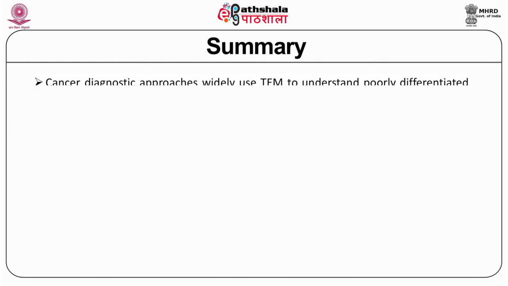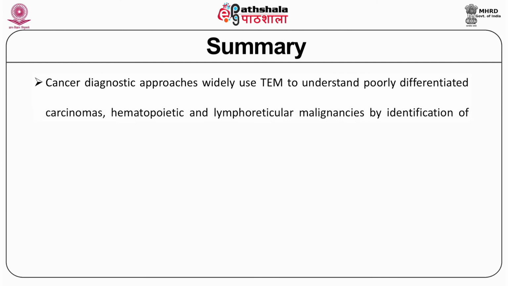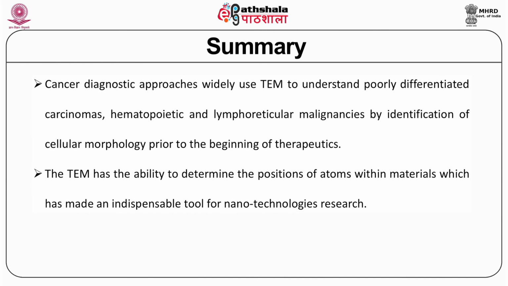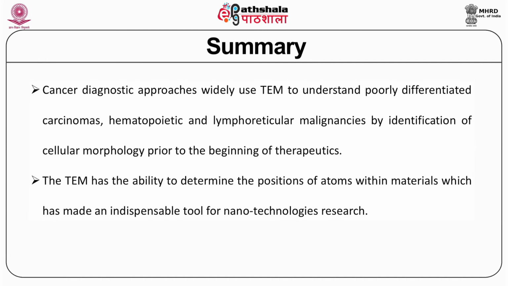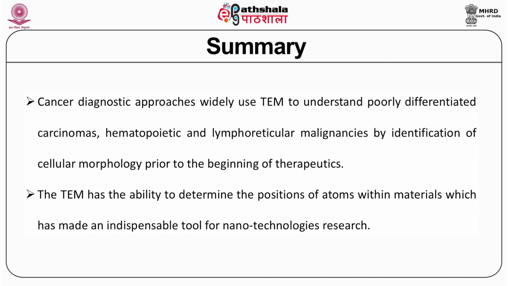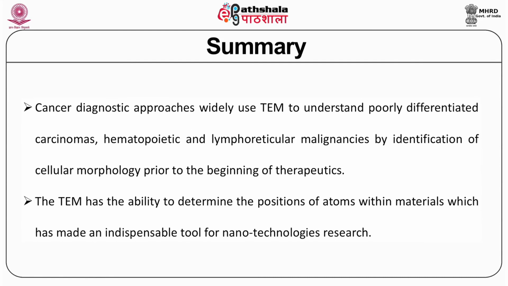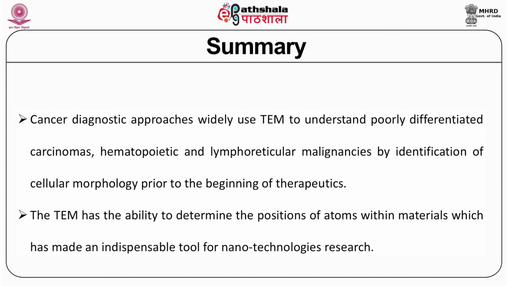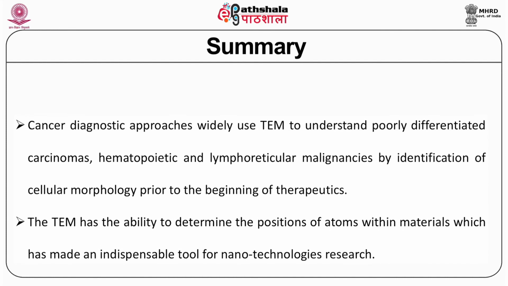Cancer is one big area where diagnostic approaches hugely use TEM to understand differentiated cells, which are benign or cancerous. Hematopoietic systems, lymphomas, malignancies, different kinds of things can also be studied, where people use TEM for research and for determining therapeutic purposes. And lastly, it determines the position of atoms and materials in nanotechnology, where you are preparing gold nanoparticles or any other new materials. Nanotechnology is one branch that highly depends on the TEM.